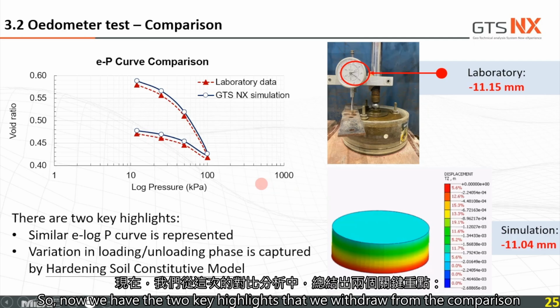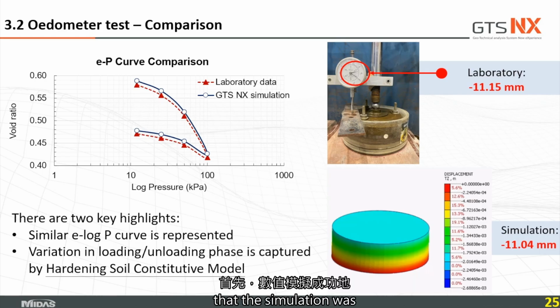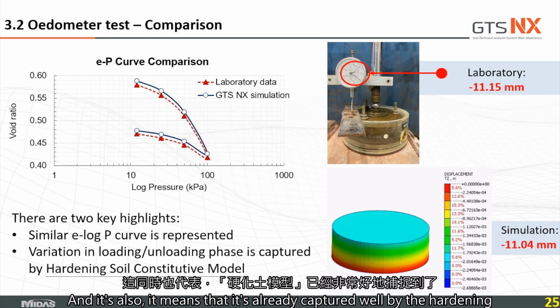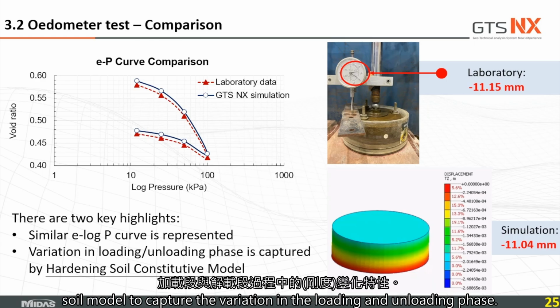So now we have the two key highlights that we draw from the comparison. The simulation captures a similar void ratio and log pressure curve relationship, which means it is already captured well by the hardening soil model, including the variation in the loading and unloading phase.